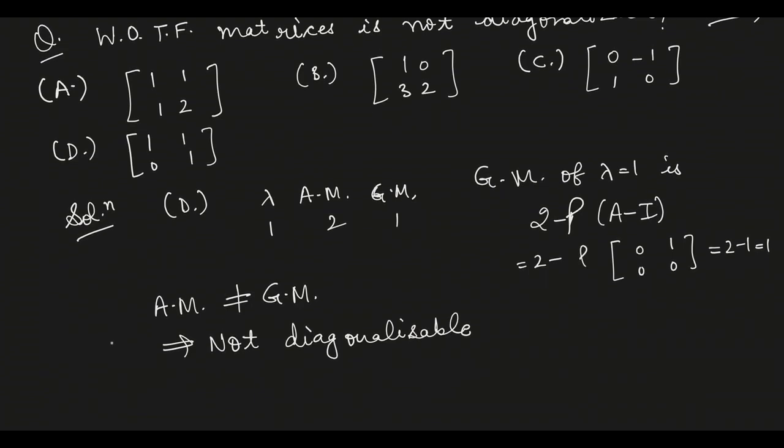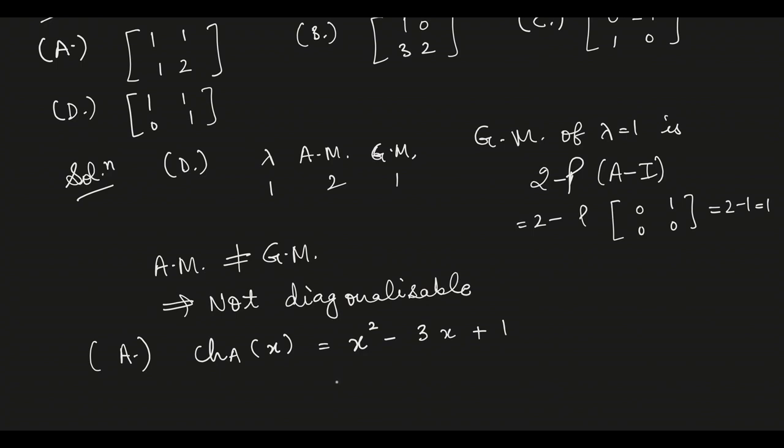And in part A, let us check all of them once. What happened in part A? The eigenvalues were first 0 and another 0. No, sorry. The characteristic polynomial is x squared minus trace plus determinant.